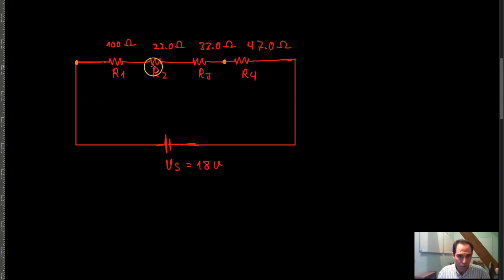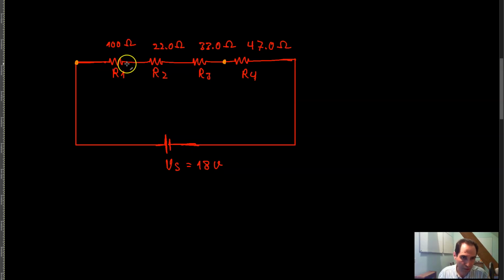Or you can calculate the equivalent resistance of these 3 resistors, and then calculate the voltage drop across that one resistor, and that would be still the same voltage between these 2 points.